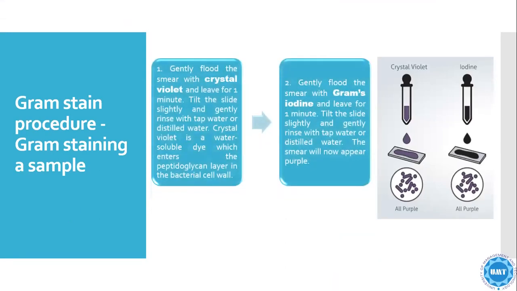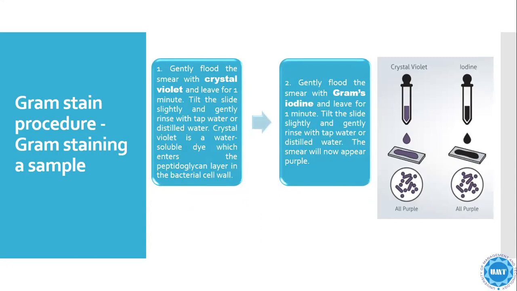So we should be familiar with the Gram staining procedure. What does this procedure contain? Gently flood the smear with crystal violet and leave for 1 minute. Tilt the slide slightly and gently rinse with tap water or distilled water. Crystal violet is a water-soluble dye which enters the peptidoglycan layer of the bacterial cell.